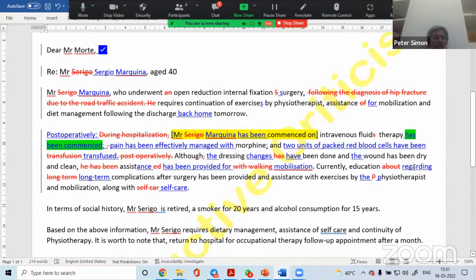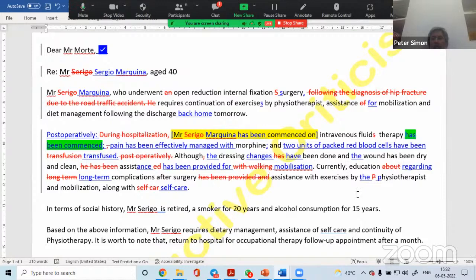Education regarding long-term complications of surgery has been provided and assistance with exercises by the physiotherapist. So remove this "has been provided" from here. All of them have been provided.